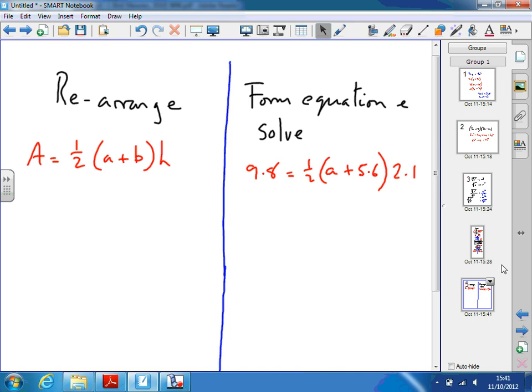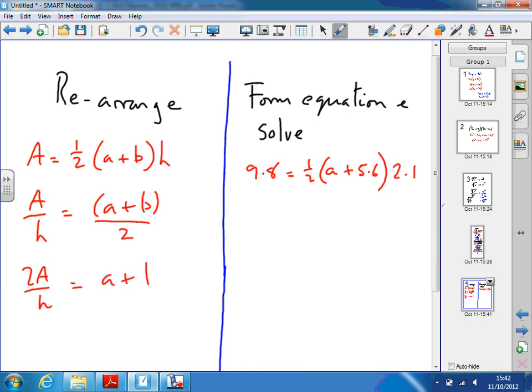Divide by h. So A over h equals (a plus b), and remember, dividing by a half is the same as dividing by 2, so I could write it like that. And if I write it like that, it makes it easy to see what to do next. Right, multiply both sides by 2, so 2A over h equals a plus b.